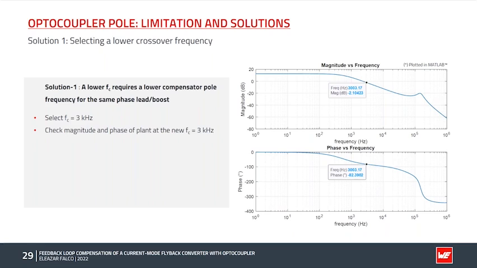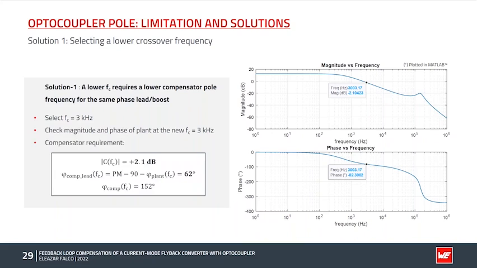And this is minus 2.1 dB and minus 82.4 degree. The compensator then needs to provide a midband gain of 2.1 dB and a phase of 152 degree with a phase lead of 62 degree at 3 kHz.